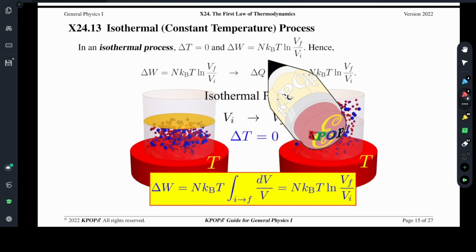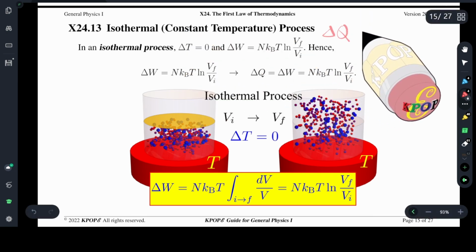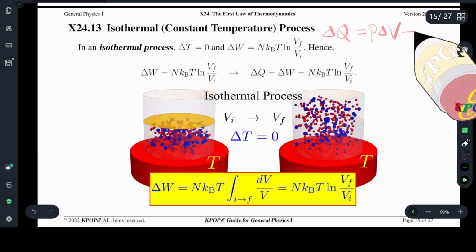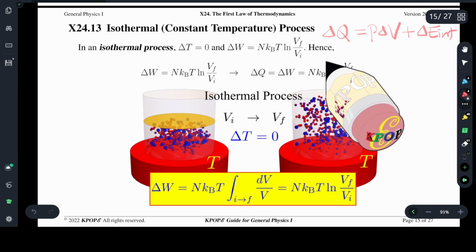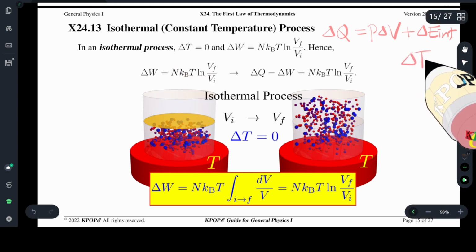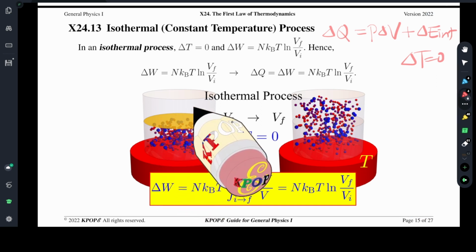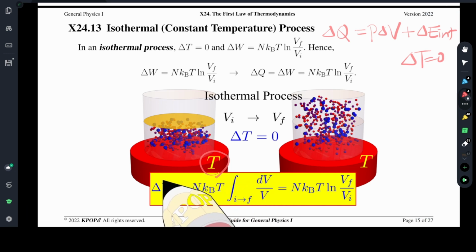Next, we consider the isothermal process. The first law of thermodynamics gives that the supplied heat is the work done by the gas plus the change in the internal energy. Isothermal means delta T equals 0. This is realized by attaching the system to a heat reservoir at temperature T, which has an enormous amount of heat.